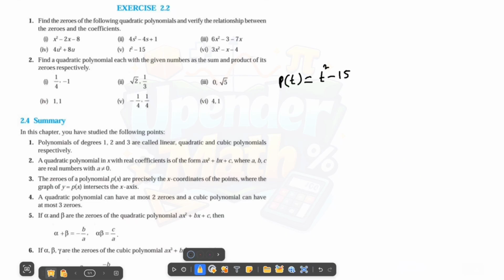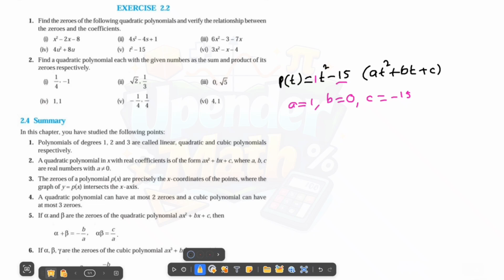Let's compare it with the general quadratic polynomial with variable t, a t square plus b t plus c. Coefficient of t square here is 1, so a will be equals to 1. Coefficient of t, b, is equals to 0. So there is no t term in the given polynomial, right? So c, the constant term, is here minus 15.